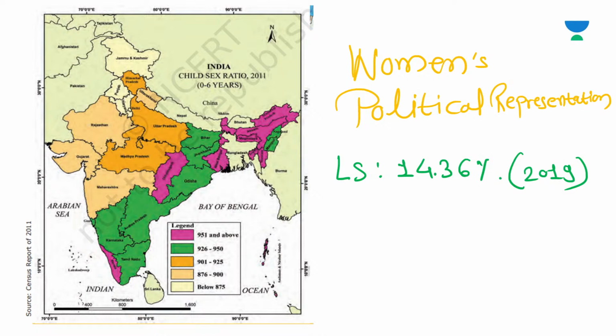Their share in the state assemblies is less than 5%.